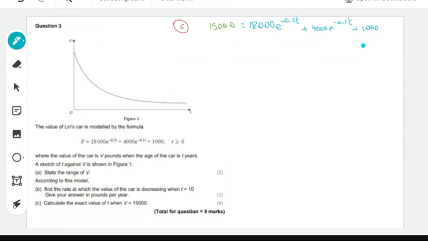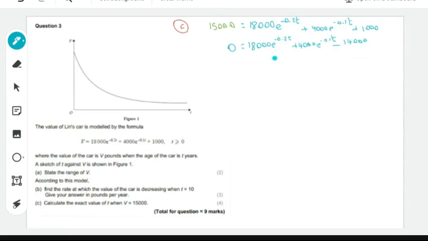So let's take everything to one side, make it equal to 0. Might be easy. 0 equals 18,000 e to the minus 0.2t plus 4,000 e to the minus 0.1t minus 14,000. Fun.